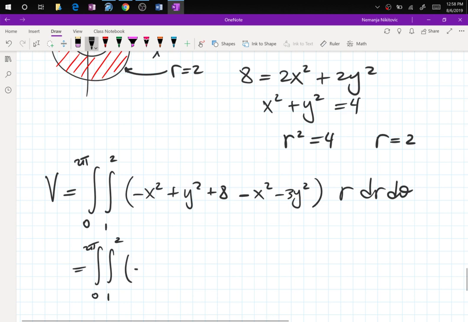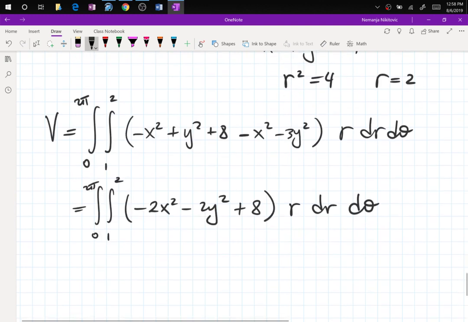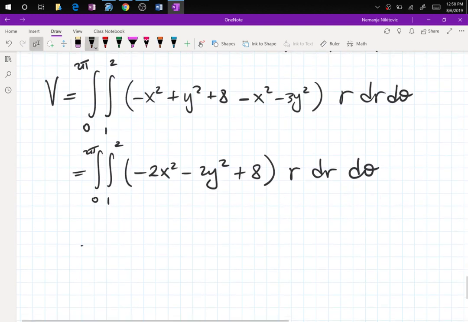So I have negative 2x squared minus 2y squared plus 8, r dr d theta. We can write this 8 first. It's okay. So 8 minus 2r squared.